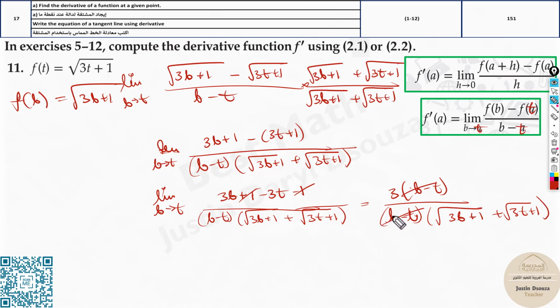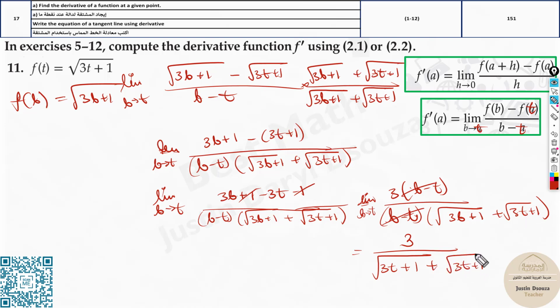Now, when this b minus t term cancels, the limit b tends to t, if you put it in before, it would have been 0 and undefined. But now there's no problem because it's cancelled off. So I will apply the limit. The numerator is only 3, and in the denominator, instead of b, it becomes t.